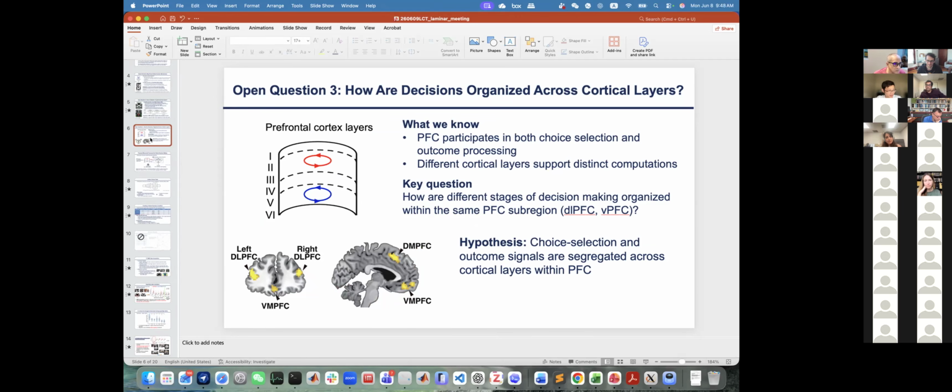Okay, that's a great question. First, different layers support very distinct functions. Second, we were motivated by the DLPFC study by Renzo and Emily Finn on working memory, with superficial and deep layers. In a working memory study, the deep layer is responsible for action after working memory.